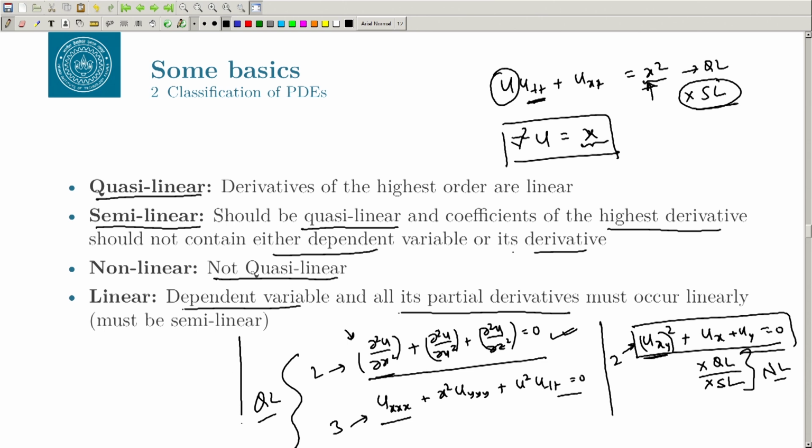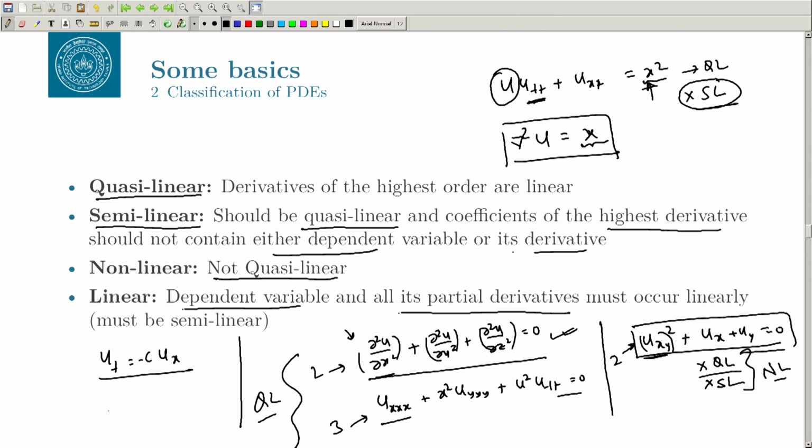We already saw many examples, for example, the heat equation or the linear convection equation. So, this is, let us say, u t equal to minus c u x. Okay. Let me write it in the form that we already wrote: u t plus c u x equal to 0. This is your linear equation.